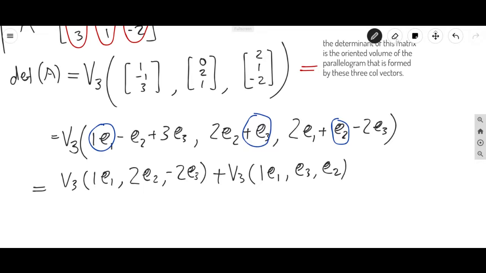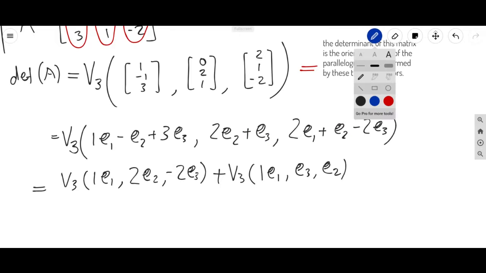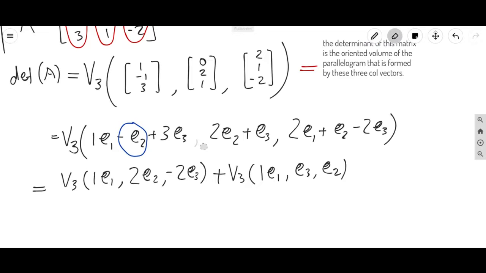Now we have some other combinations that work. We looked at all combinations that involve E1. Now let's look at other combinations. You can pick, for example, E2. If you pick E2, you're not going to pick E2 again. That will give you a repetition. But if you pick E2, you can pick E3.